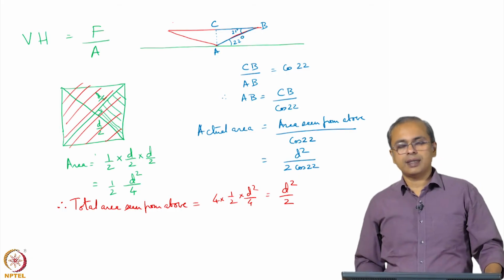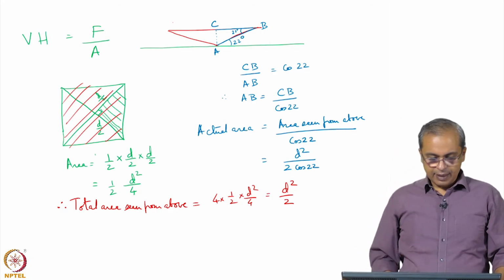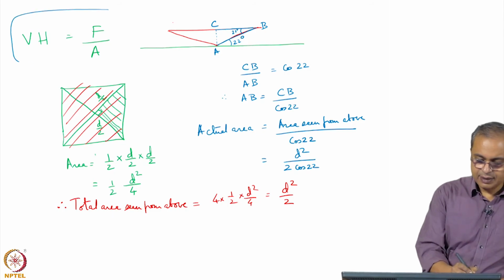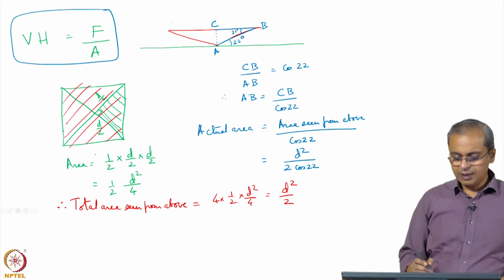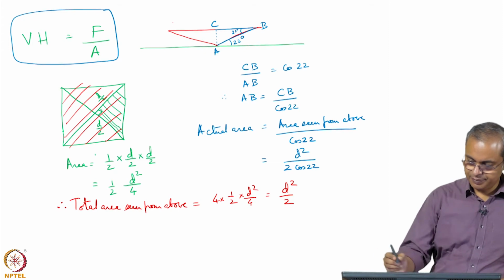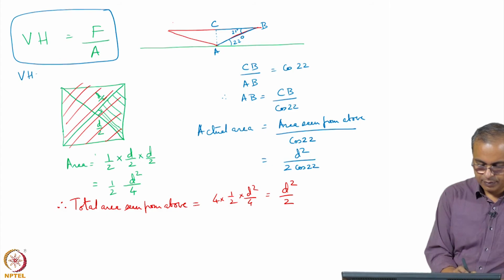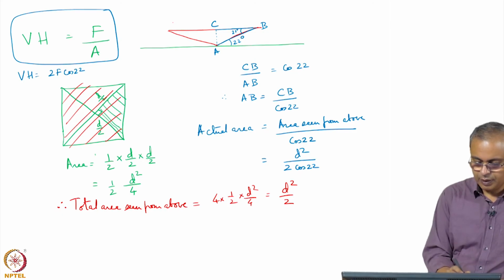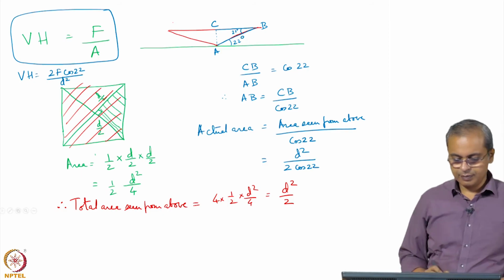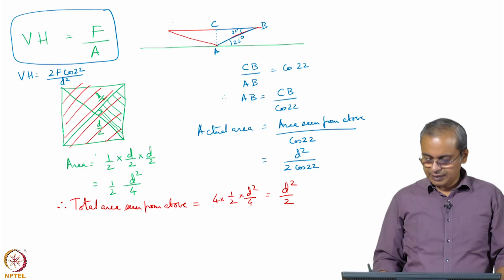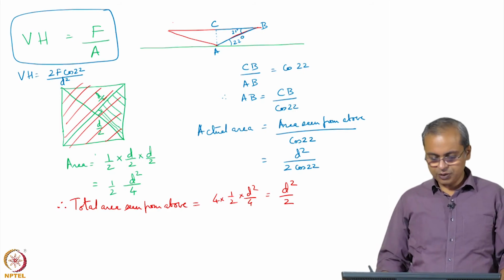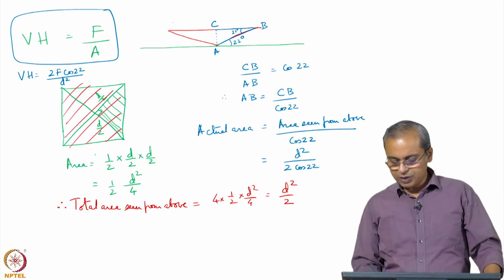So, this is the actual area that you get, and we see here Vickers hardness is force by area. So, therefore, Vickers hardness equals 2f cos 22 by d square. Okay. So, I have simply done force by the actual area. So, force is F divided by d square by 2 cos 22.